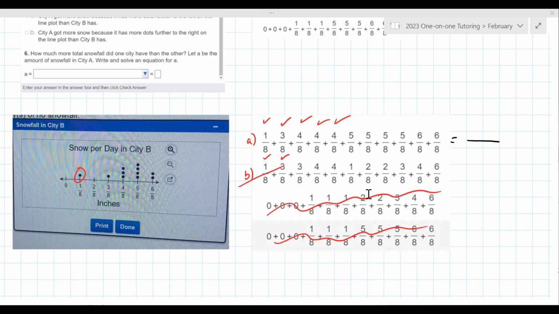How are you doing on this one? Okay, I got 48. 48 over 8. Yes. Right, and that works out perfectly to 6.